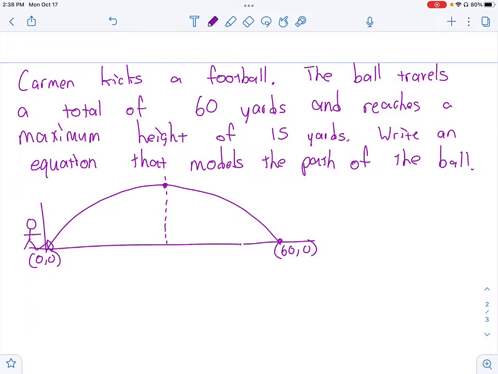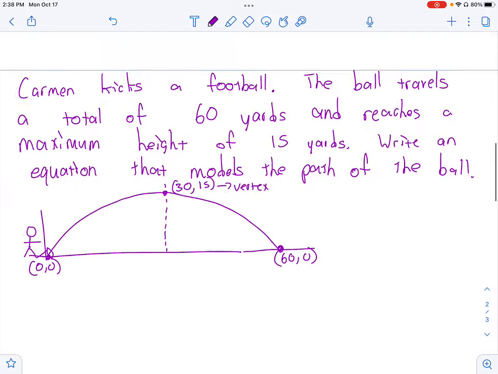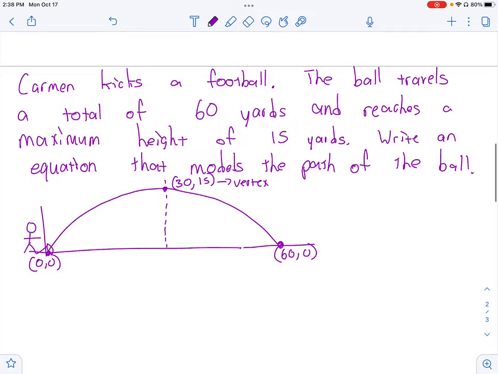So this has to be at the point 30, 15. And that maximum height has to be our vertex. Right? So that is halfway between my two x-intercepts. I have the x value of my vertex, and then I know the y value is 15 because that's the maximum height.